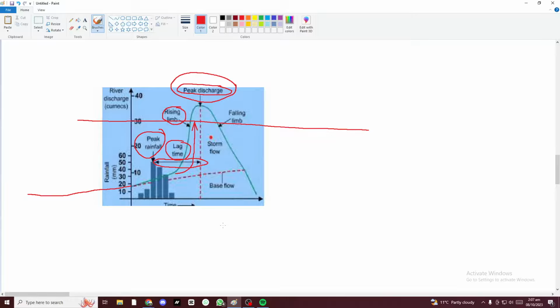The receding limb or the falling limb is, I would say 99% of the time, less steep than the rising limb. This receding limb shows the discharge decline after the peak discharge.